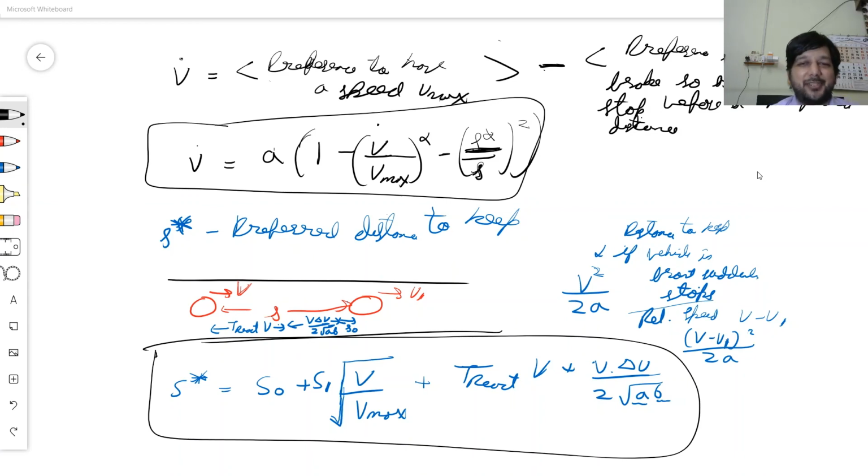That's why you see so many constants, and the constants could be regressed based on whatever data you have collected from realistic on-road settings, and that's how I will set what those parameters are.